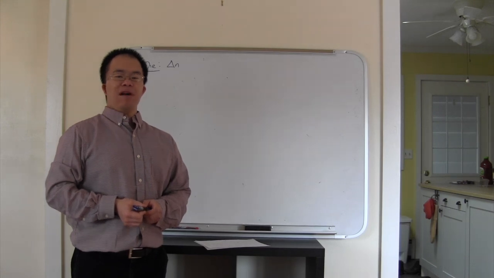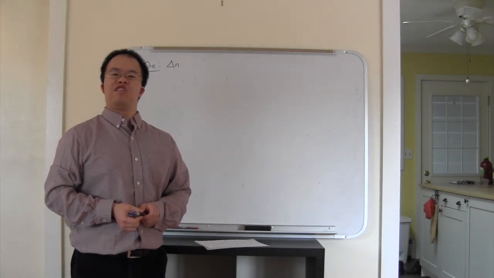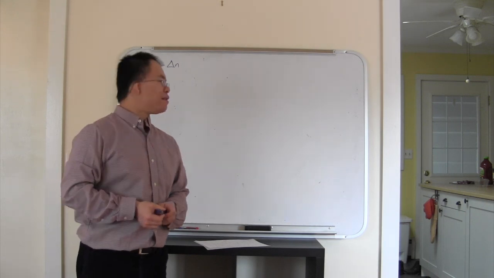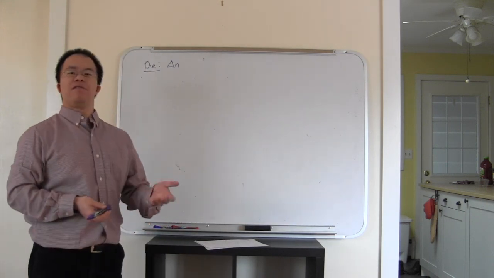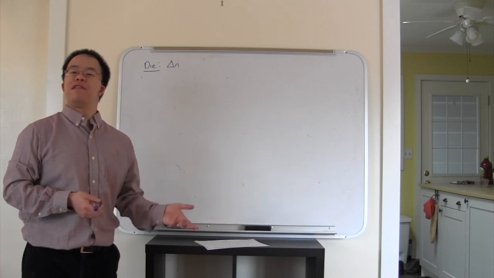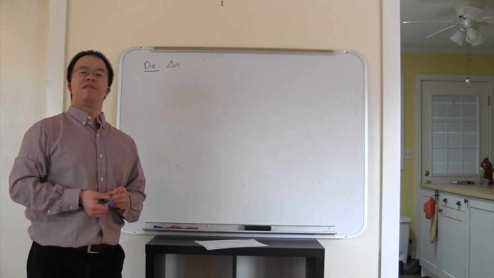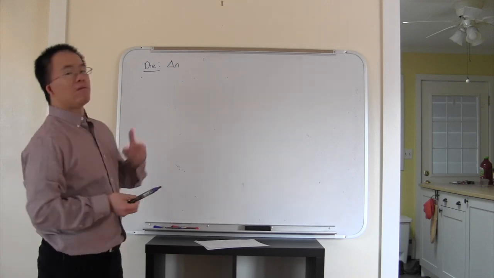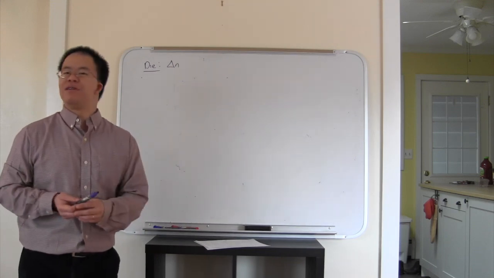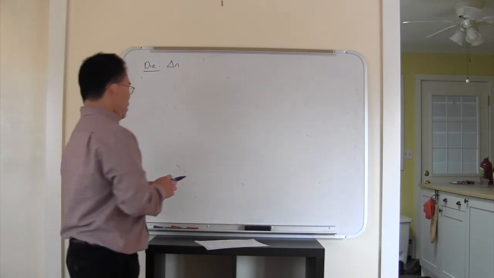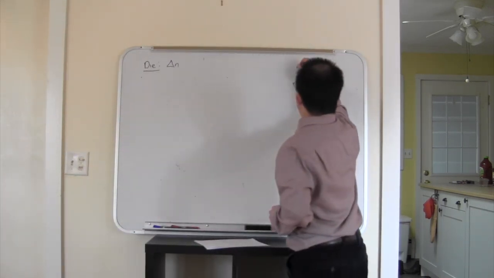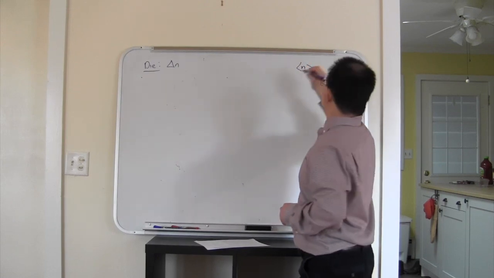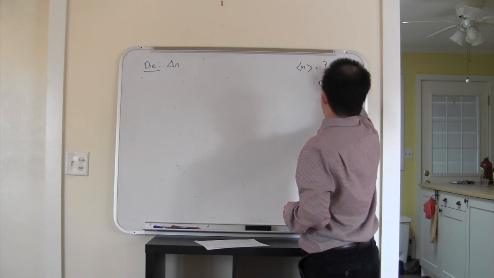Alright, so you've thought about calculating the standard deviation in n for rolling a 6-sided die. You could calculate this either by directly applying the definition, but it turns out to be easier to use the theorem, at least I think. From earlier in the class, we had already calculated that the average value of n for a die was 7 halves.